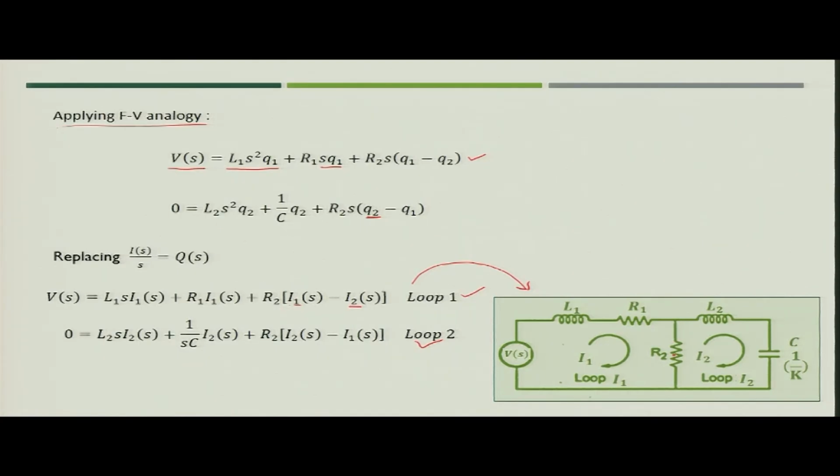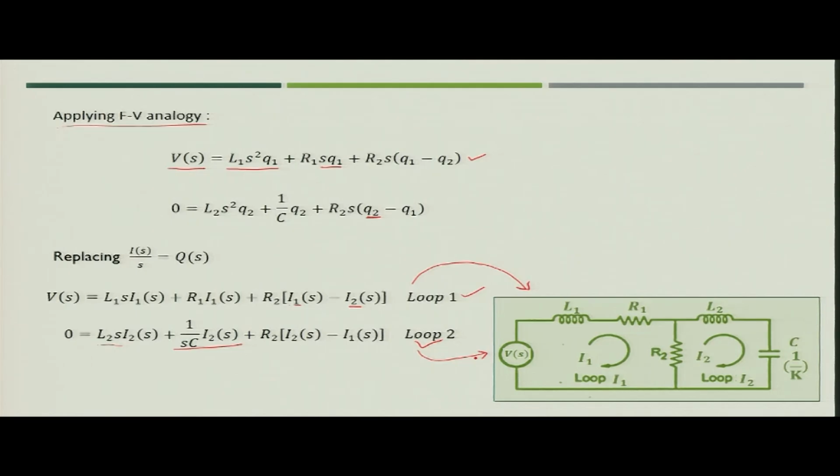For the second loop, you can see that L2 and the capacitance C are in series, and then R2 again is the common element between the I1 and I2 loops. So, using these two equations you can create the equivalent electrical circuit which represents the mechanical system given in the example.